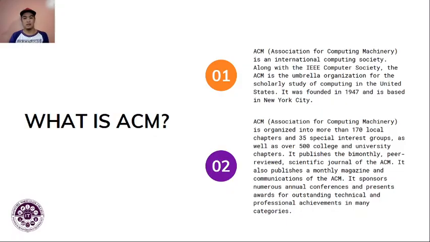It publishes the bimonthly, peer reviewed Journal of the ACM. It also publishes a monthly magazine, Communications of the ACM. It sponsors numerous annual conferences and presents awards for outstanding technical and professional achievements in many categories.